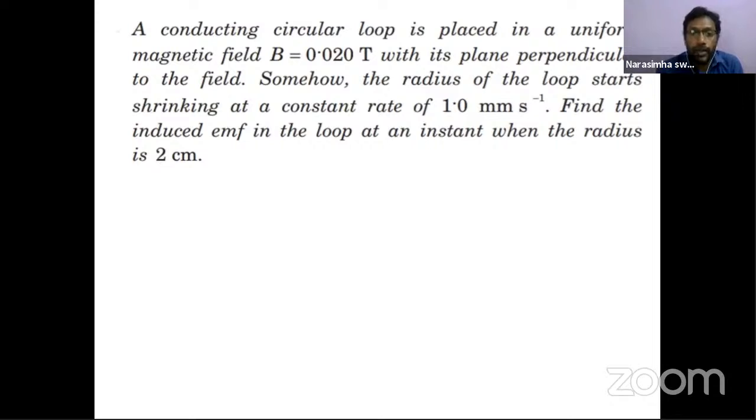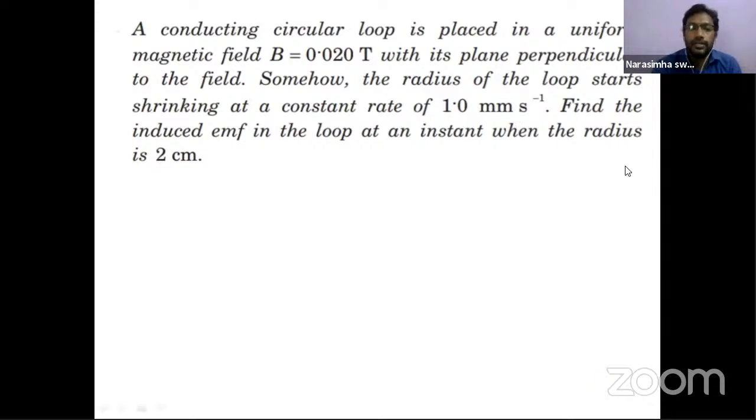The moment the loop radius comes to 2 centimeters, what will be the induced EMF? What information is given? A circular loop placed in the magnetic field B perpendicular to the plane, and the rate is given: the rate at which it is changing.